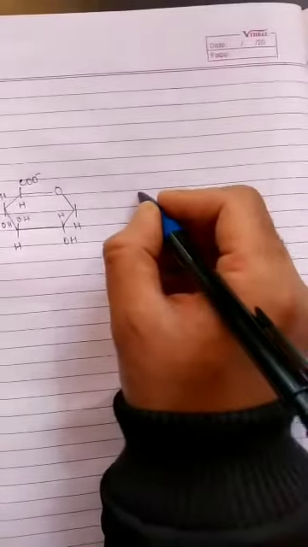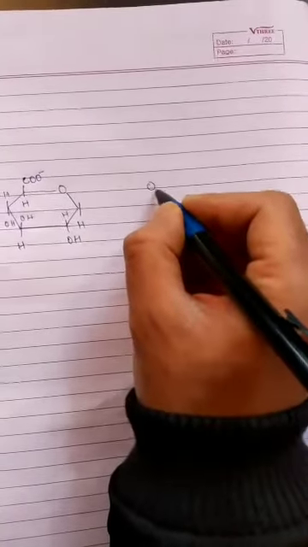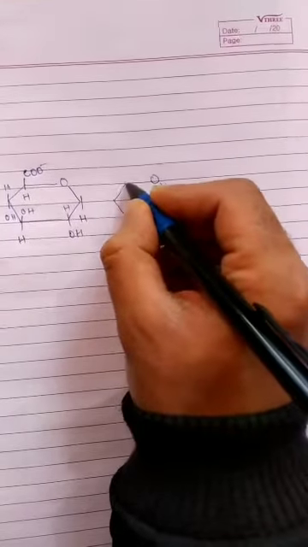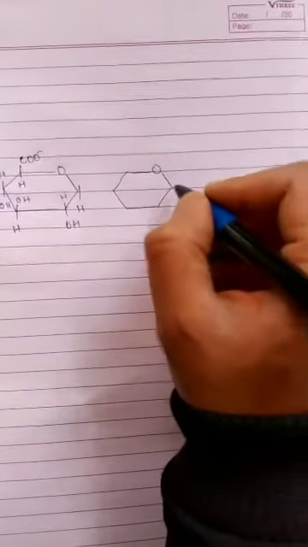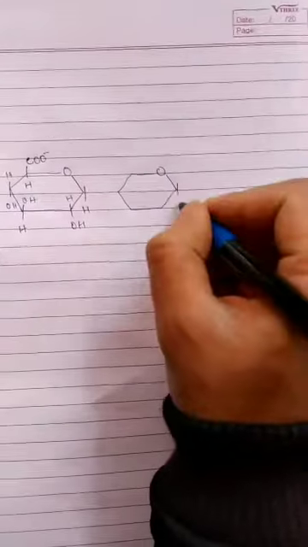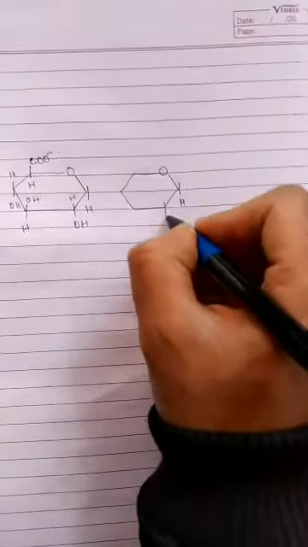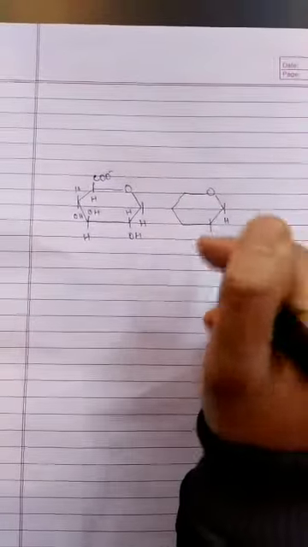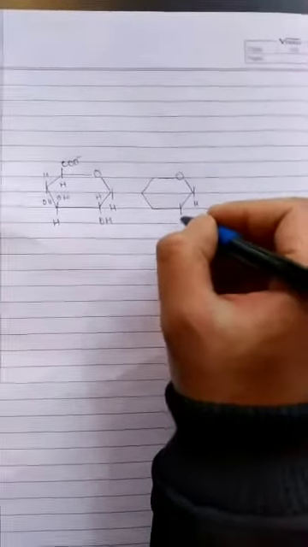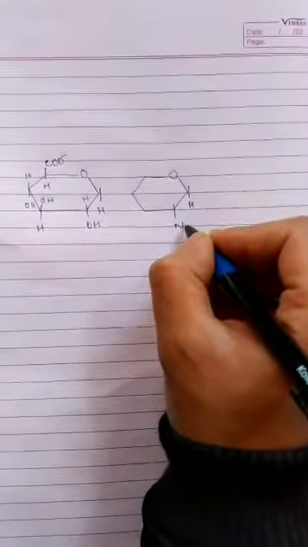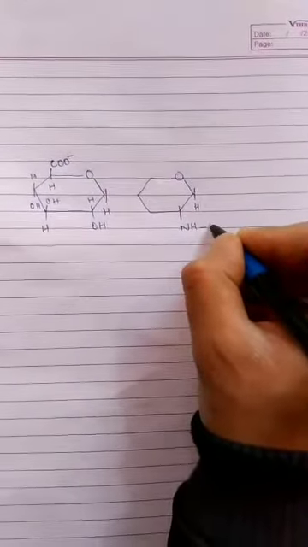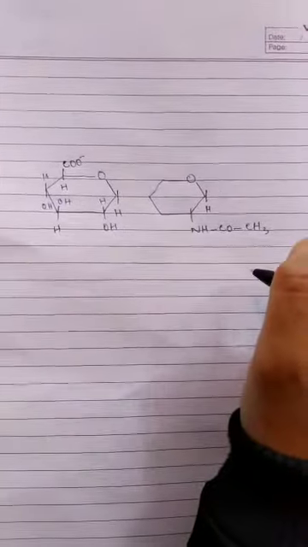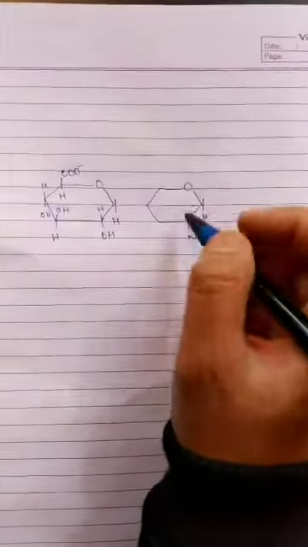So making the structure of N-acetyl D-glucosamine, the basic structure is again the same. There is no difference in the basic structure. Now here is a difference. The N-acetyl group is attached here: NHCOCH3, the acetyl group.